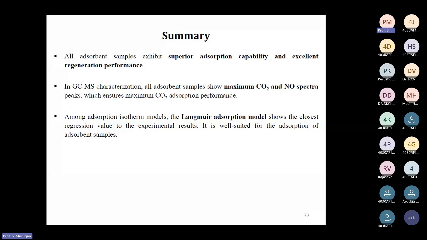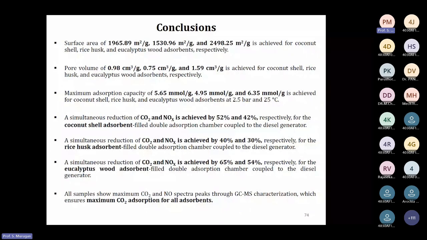So, again, if you see the overall conclusion of the entire study, the surface area of these three activated carbons is in the range of 1530 square meters per gram to 2500 square meters per gram. And pore volume is also very prominent, so that you can use them as activated carbon for absorption.